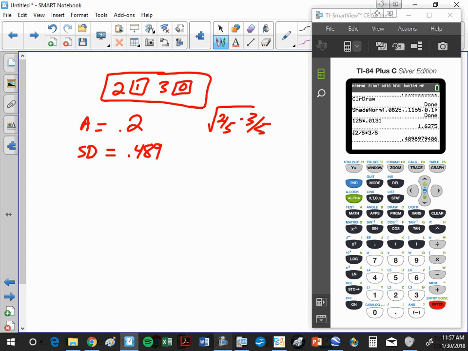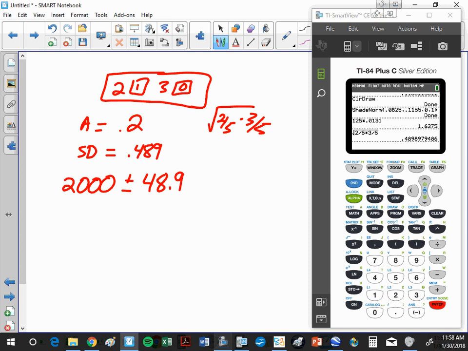Okay. 10,000 draws. My expected value is 2,000 plus or minus 48.9 because I multiply the SD by 100. Okay. So E is 2,000. Oh, we're done. E is just 2,000. Yep.